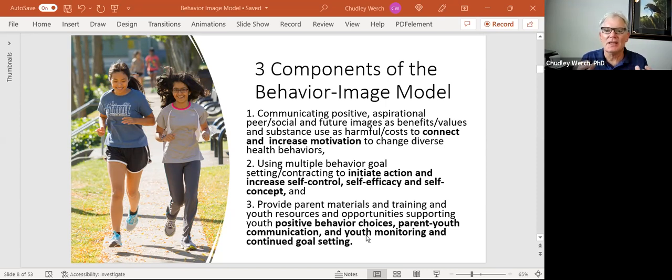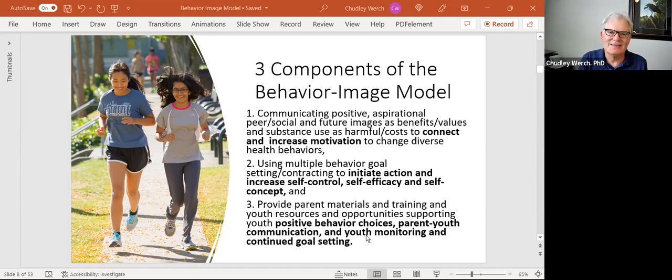So that's how we link. It's that coupling, if you will. And this kind of communication, positive, aspirational, peer, social, future image, and then linking substance use as harmful, is the tool to connect and to increase motivation to change diverse health behaviors, not just substance use, but to increase the protective healthy behaviors. So that's the first main component. That's the motivational component to BIM.